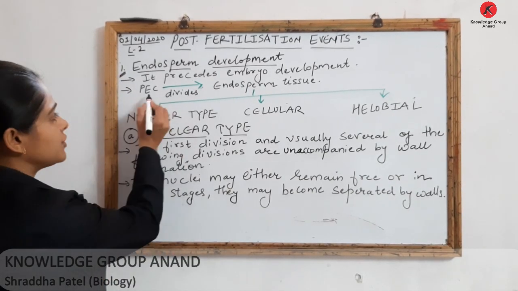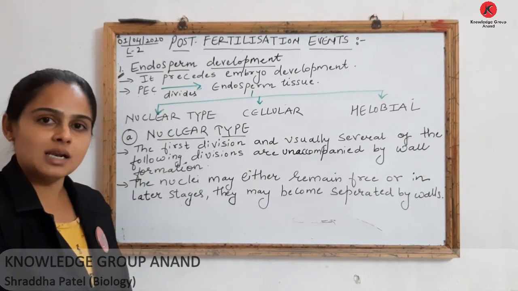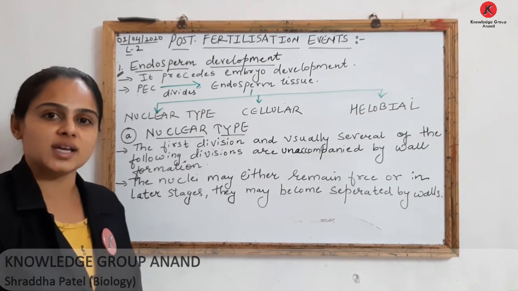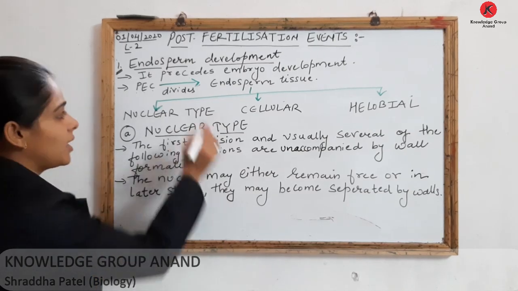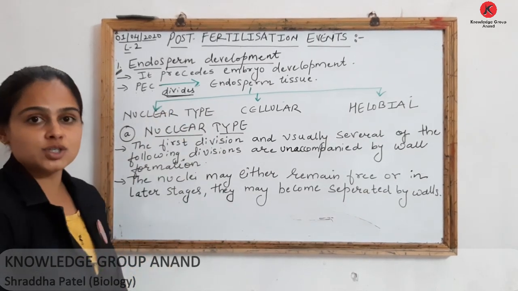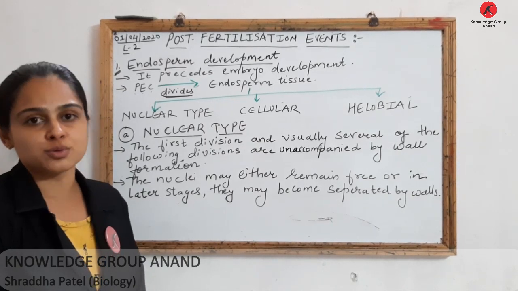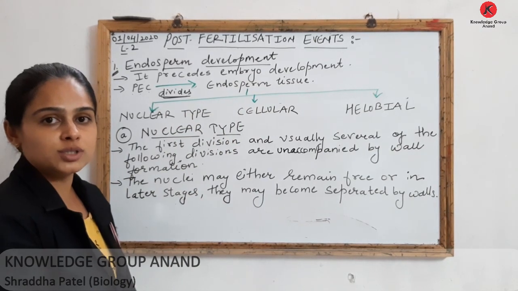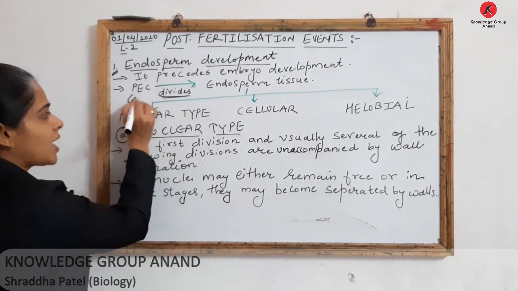Okay, so now this PEC, that is your primary endosperm cell, which is formed by fusion of the male gamete and your secondary nucleus or your central cell, undergoes division. Of course, which division will this be? Mitotic division, which results in the formation of endosperm tissue. What will be the ploidy of this endosperm tissue? What is its ploidy?